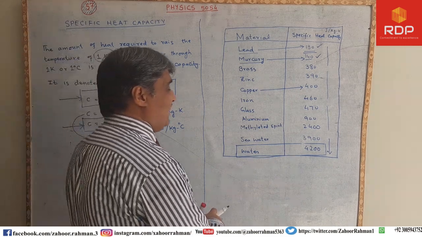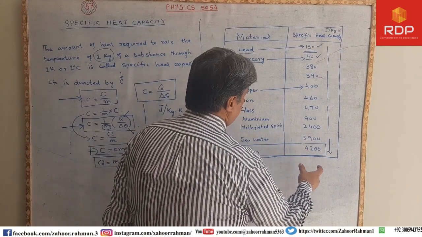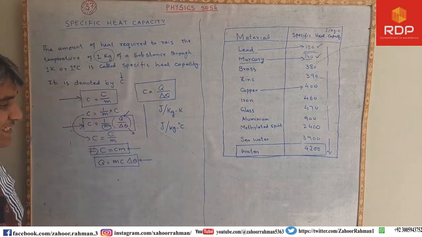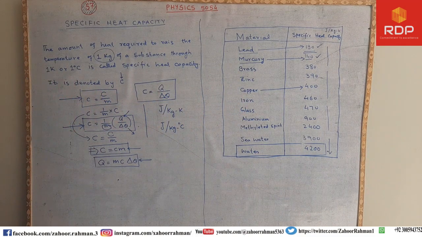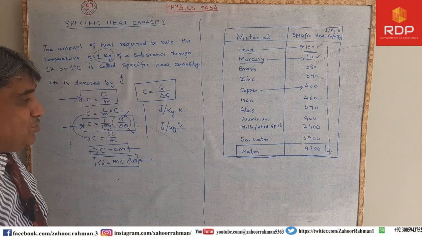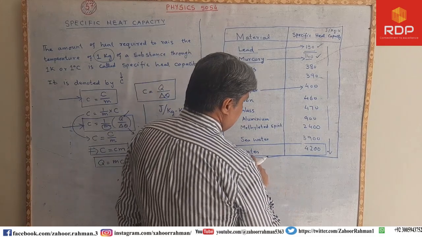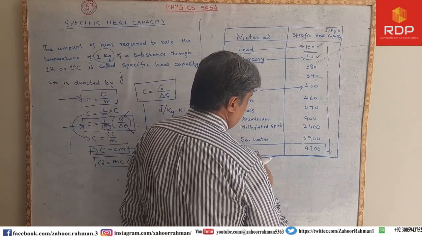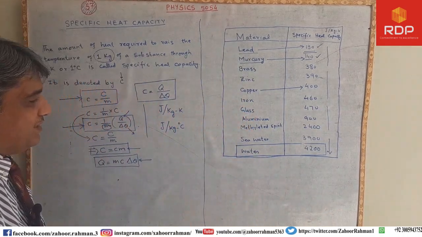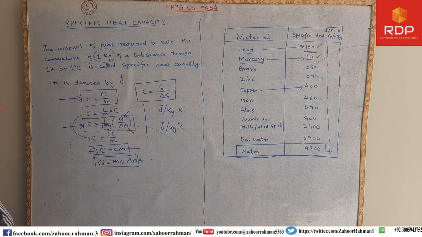Always they are giving you this value, but if by certain means they are not giving you this value, then you have to memorize that the specific heat capacity of water is 4200 joule per kilogram per Kelvin.